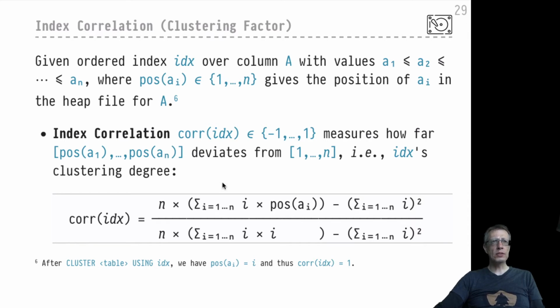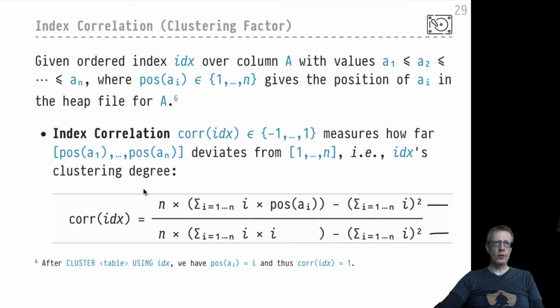And if you look at this fraction here that defines the correlation index, in a perfectly clustered file the position of value A_i coincides with i. So what you see above and below here is just the same values. So the correlation would be 1 in this particular case. We will also see that if we switch over to the terminal and see all of this in practice.